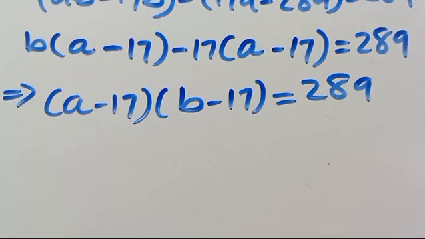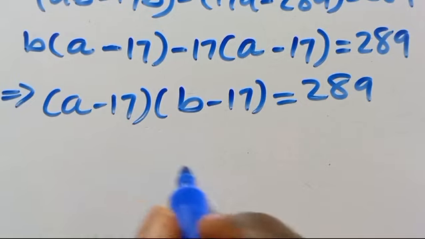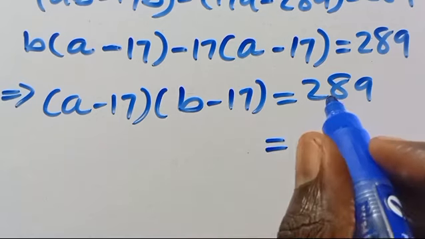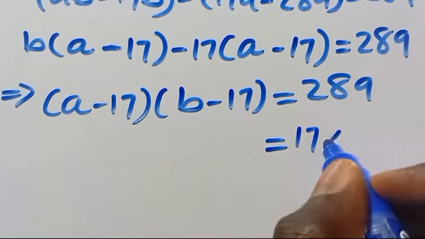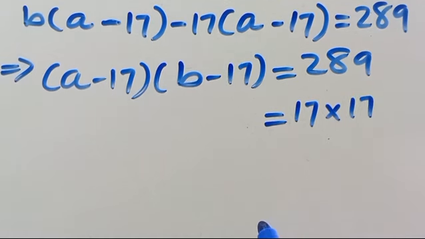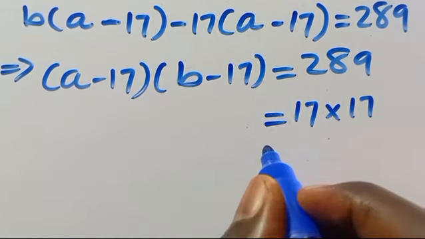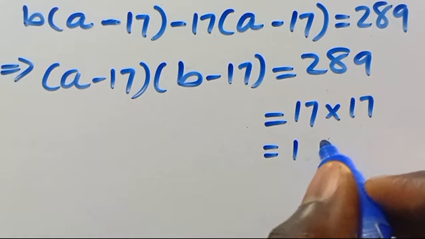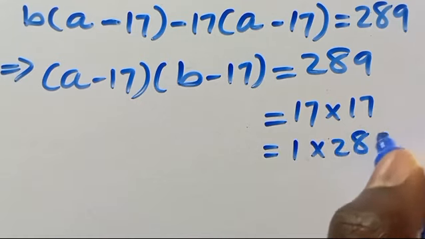So from here we can do something reasonable. Let's say to find all the positive solutions first. We believe that 289 is a product of 17 times 17. It's also a product of 1 times 289.